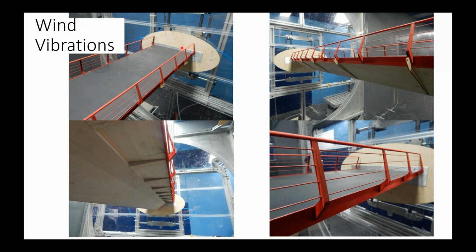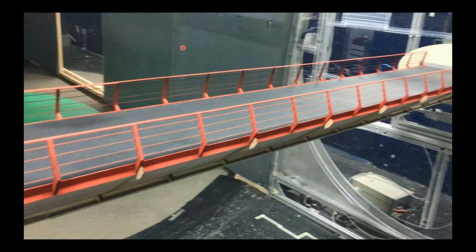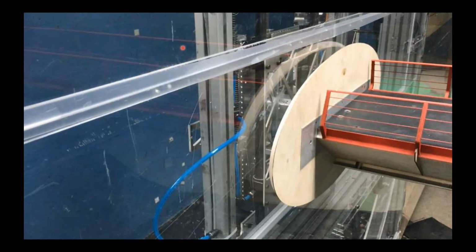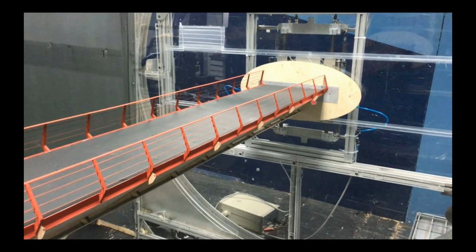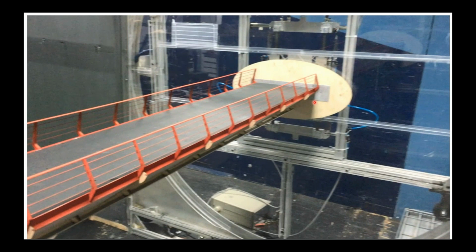So this scale model is able to represent the accurate stiffness, weight, aerodynamic cross-section, and torsion behavior of the bridge. We went ahead and tested that, and we found that, in fact, this bridge does show some tendencies for vibrations. So this is the result of the wind tunnel. The wind blowing across there was generating vortex shedding in the bridge.